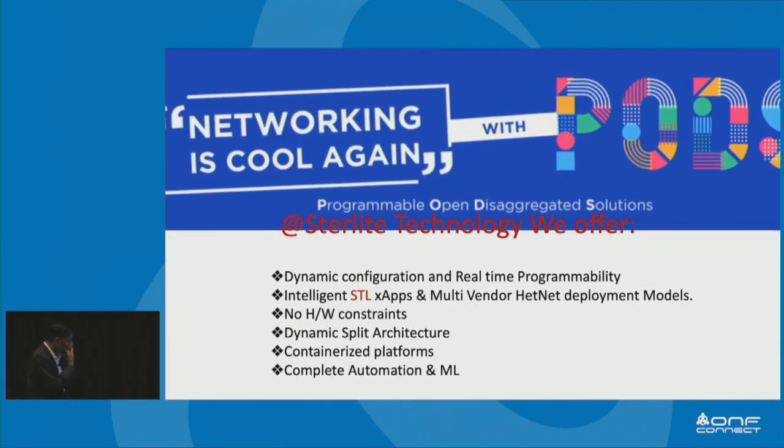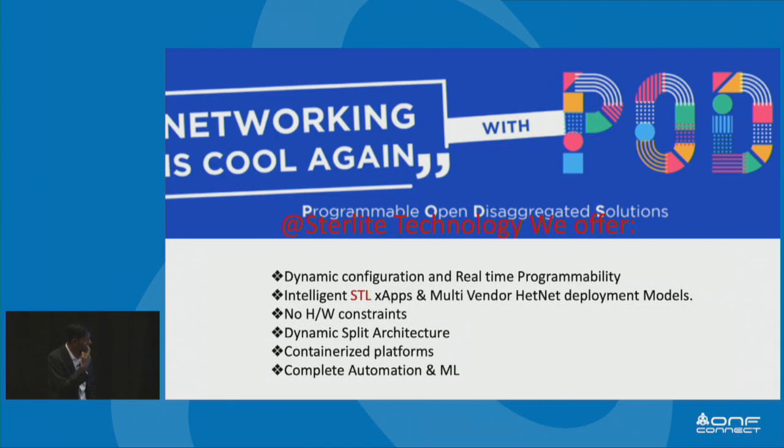So from a Sterlite perspective, we are focused on offering dynamic configurations and real-time programmability as a characteristic. We don't have, and we don't want to go with, a particular hardware. We are pretty much compliant with the OCP hardware vendors. Our architecture perspective is a split architecture.